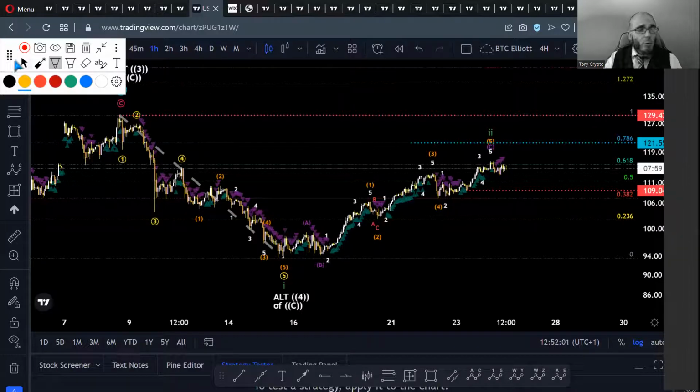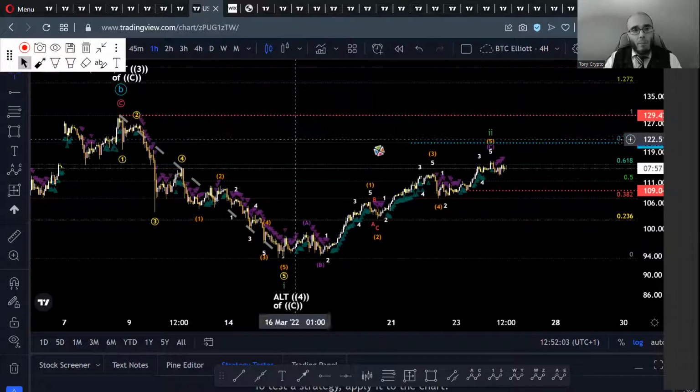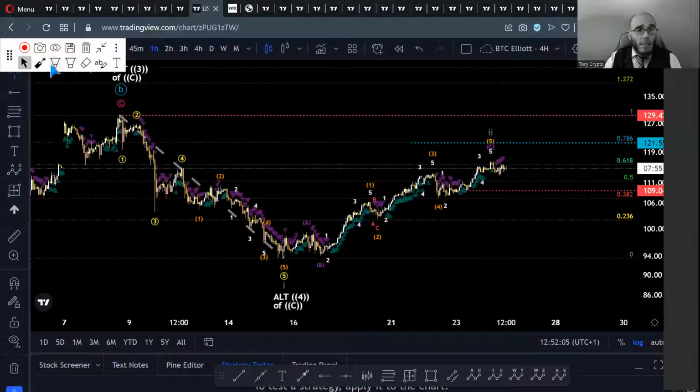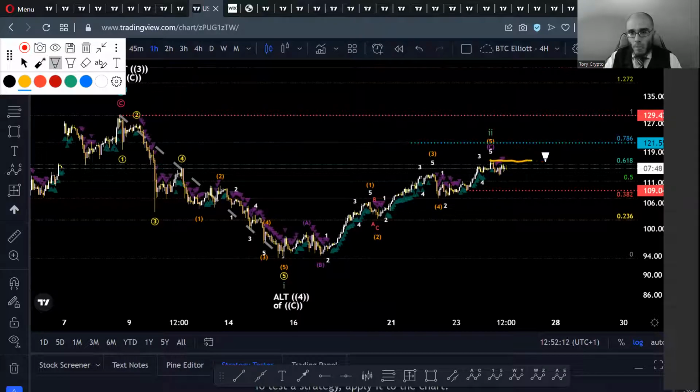The other thing I could do, since I could be more aggressive, is decide that once we go above this level, the wave I have now labeled as the wave 5 of C of 5, it would also break my count.